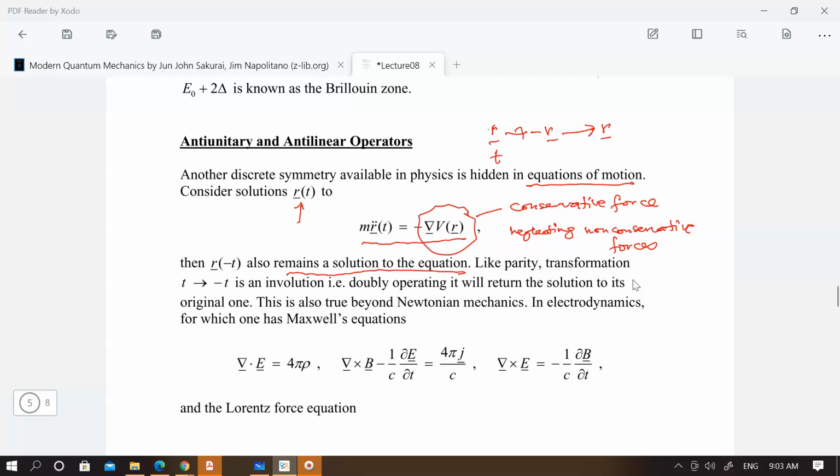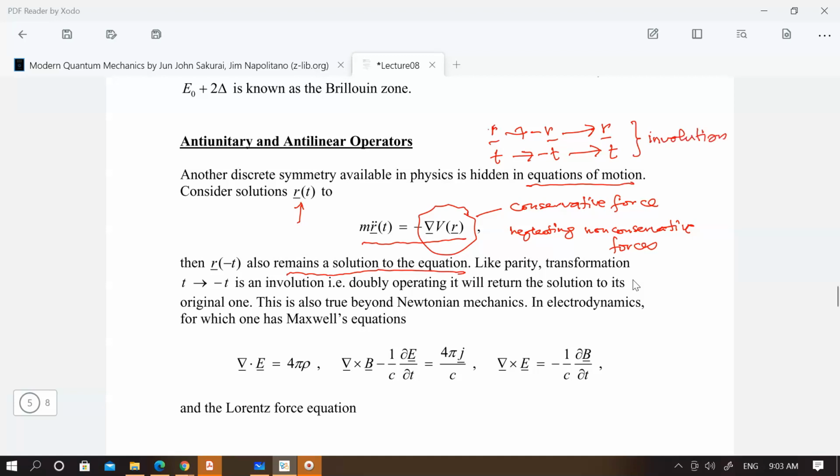The same thing happens over here for time reversal. Getting back to the original case after twice applying parity or time reversal is what we call, in maths, an involution.